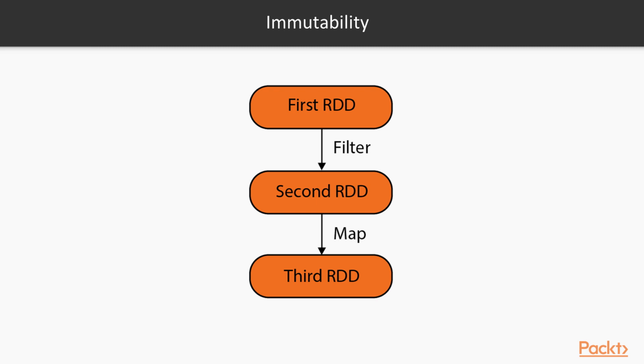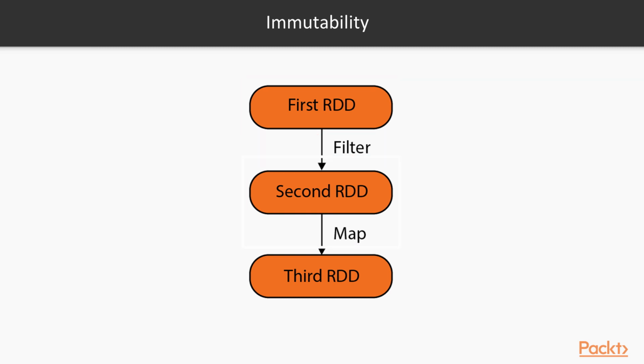Every RDD in Spark is immutable. So if we create an RDD, firstly by loading some data into our program, and then we filter results, it will create a second RDD, and that second RDD will have a pointer to the first RDD. The first RDD is a source RDD, so it has no pointer yet.